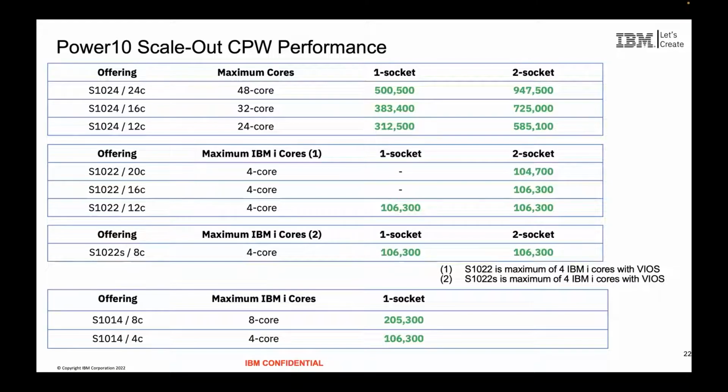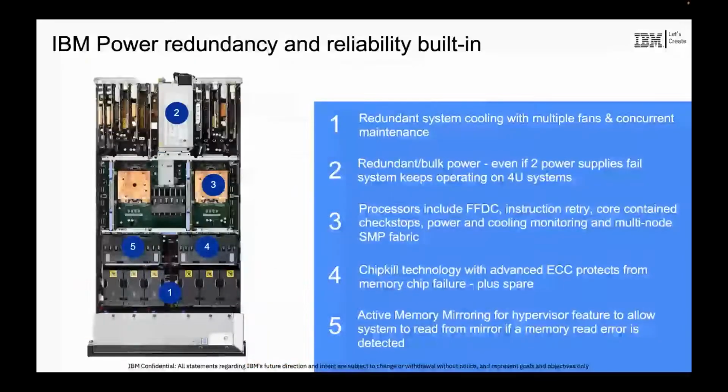The 2-socket 1022S at 106,300 CPWs is dramatic. We're seeing a better improvement ratio for IBM i on Power 10 than we are for AIX.